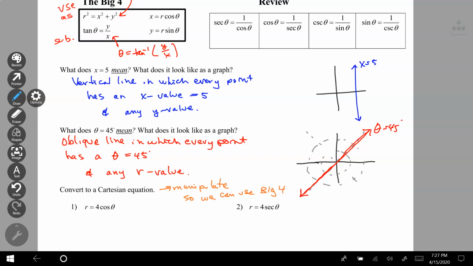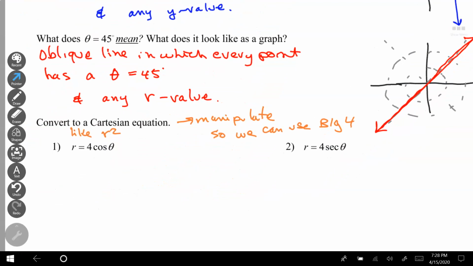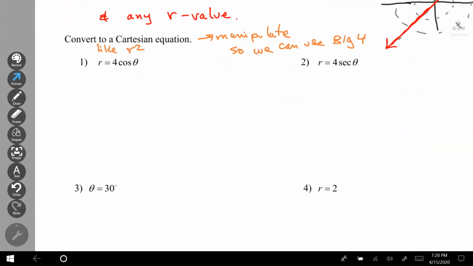I like having something like an r squared, because I have a substitution for that, or I like having y over x, or a tangent of theta, or r cosine of theta. I'm going to manipulate the whole situation by using my rules of algebra.